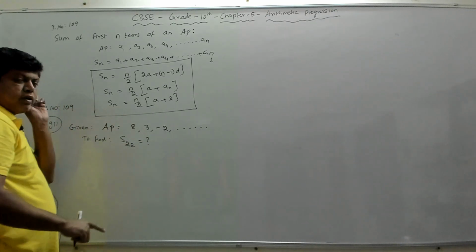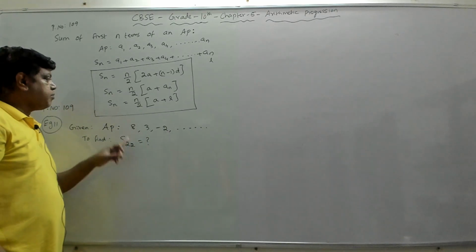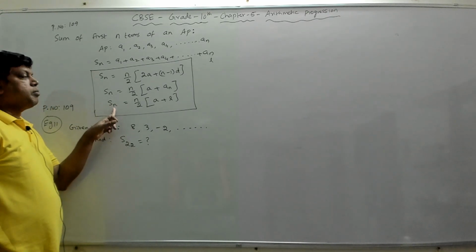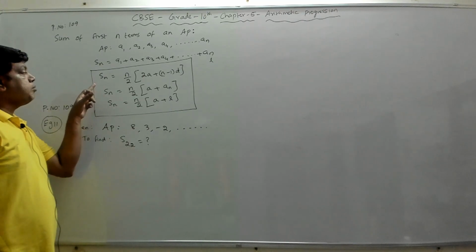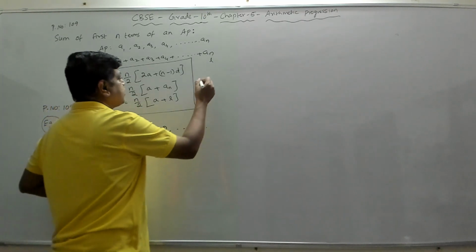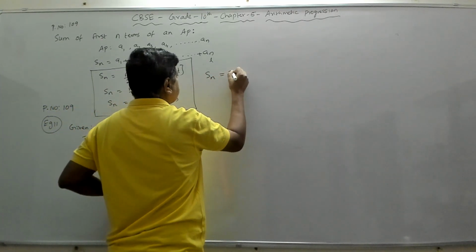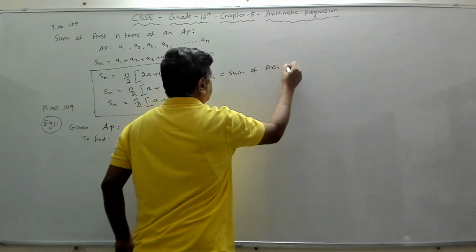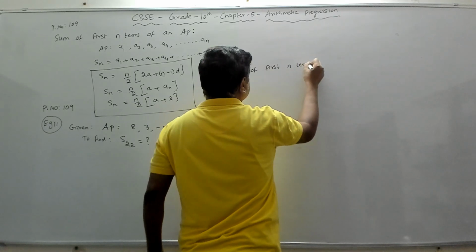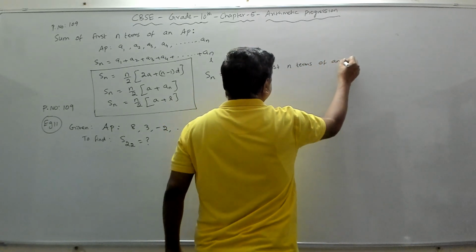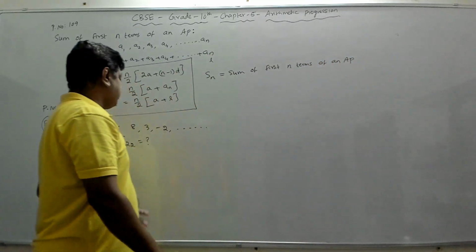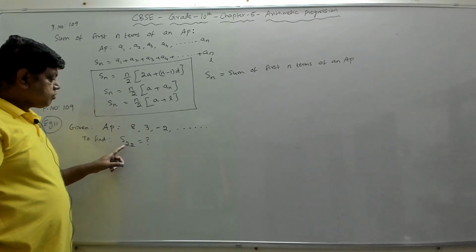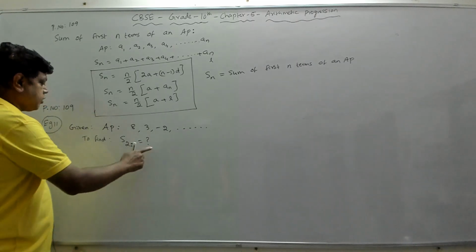Sn denotes the sum of first n terms of an AP. Now we need to find the sum of first 22 terms of an AP in this problem, which means we should find S22. That is the question mark, right?